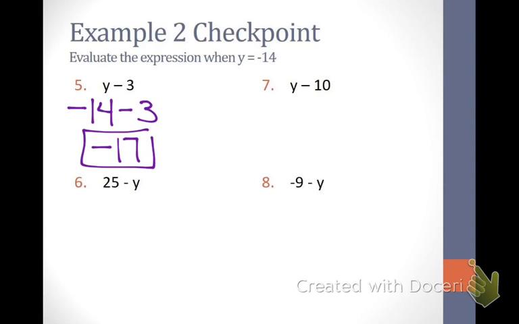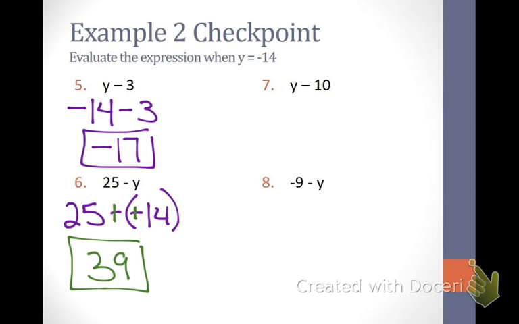Negative 17. Who got negative 17? Good. Are y'all done with number 6? Okay. 25 minus negative 14. What do you see here? Double negative, changed to a positive. So what's 25 plus 14? 39. Who got 39? Good.